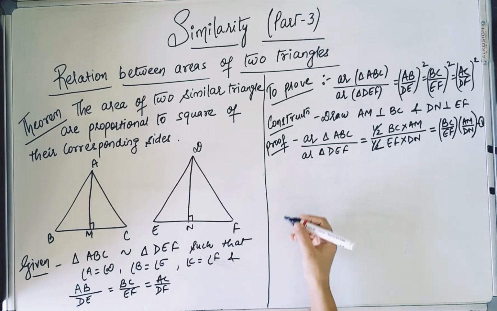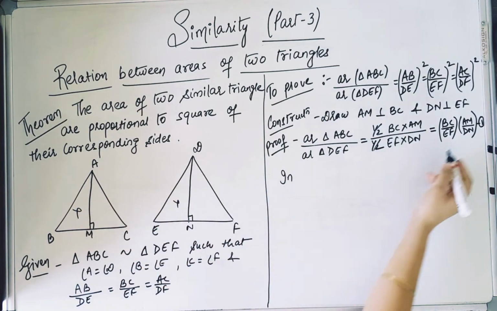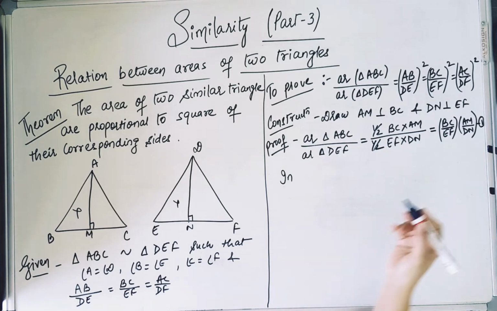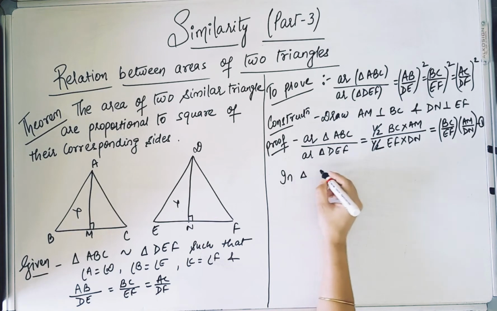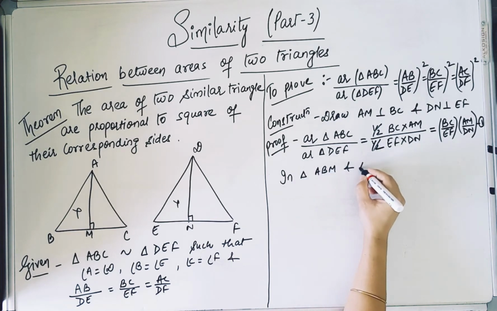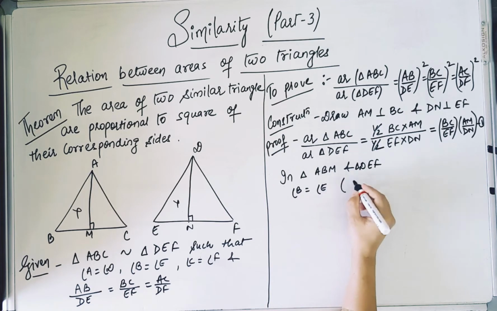Now we'll prove these two triangles similar because we need to show these ratios equal. Then only I can get BC square upon EF square. So in triangle ABM and triangle DEF, angle B equals angle E. Why?